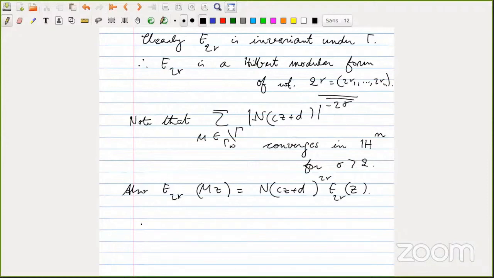So E_r at the infinity cusp will be equal to the limit of the imaginary part of E_r(z).